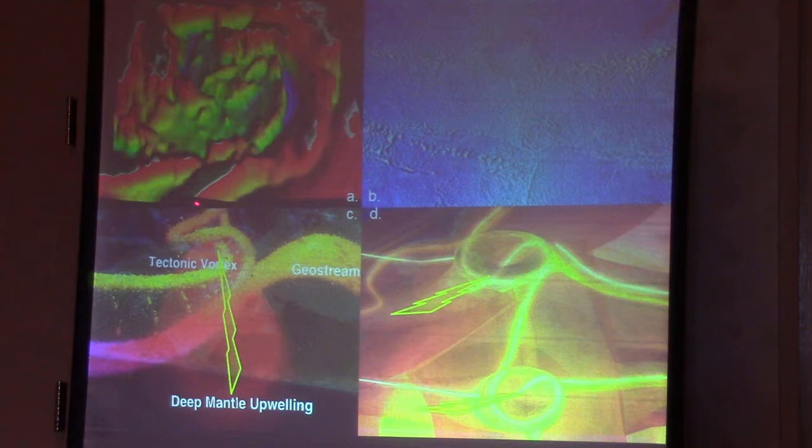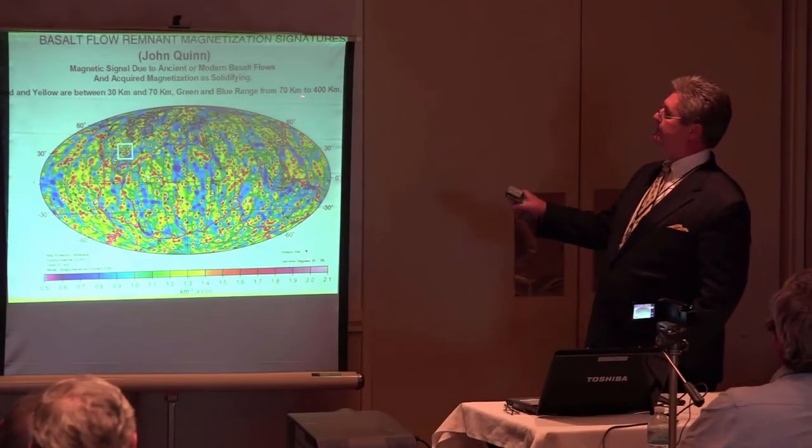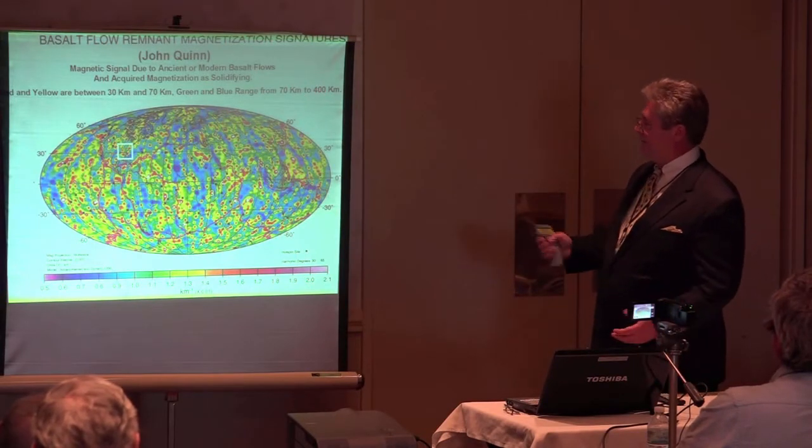Some of this stuff is offset from the surface because it's modeling deeper. These are the depths you're modeling at, the colors that are associated. So you're talking upper mantle in most cases, what we would consider upper mantle.